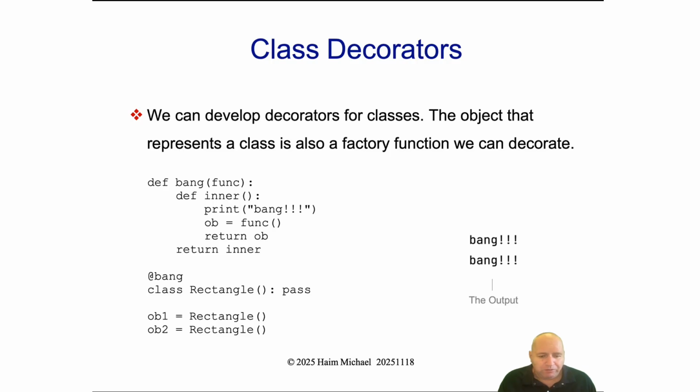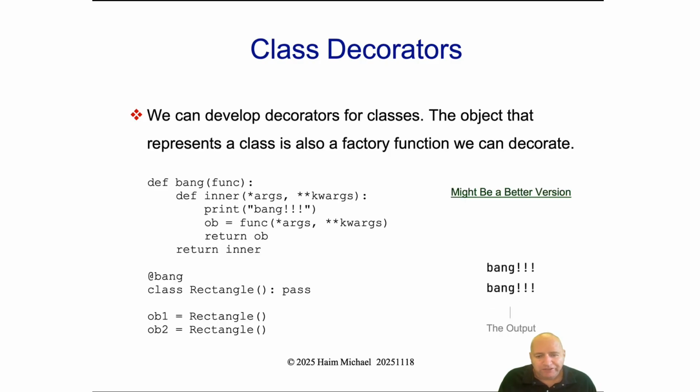So from now on, after the line where rectangle is decorated with the @bang, we can say that calling rectangle is actually calling the inner function. Now this is the same code sample, maybe a bit better, because I'm using here the args, kwargs pattern.